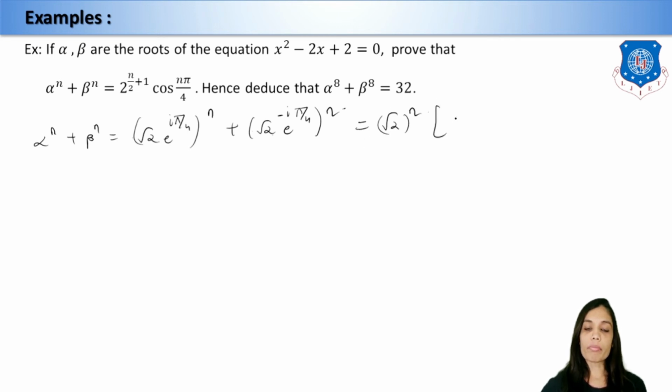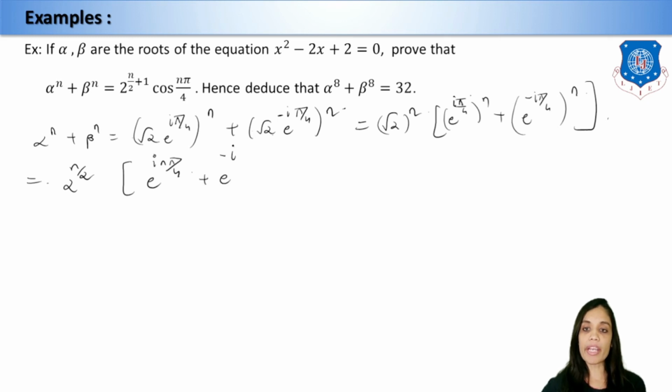So inside what remains is e raised to i pi by 4 whole raised to n plus e raised to minus i pi by 4 whole raised to n. Okay. So now we can write this as 2 raised to n by 2, right? And inside we can modify this as e raised to i n pi by 4 plus e raised to minus i n pi by 4.